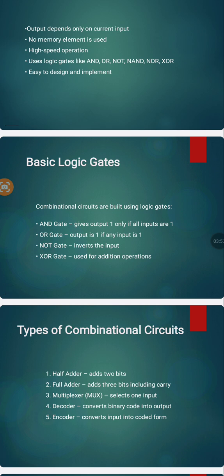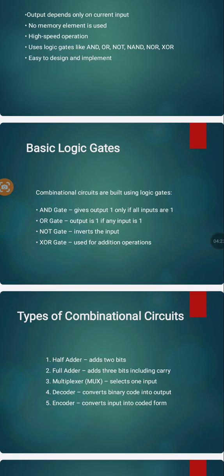The OR gate gives an output if any one input is 1. The NOT gate inverts the input value: if the input is 1, the output becomes 0.